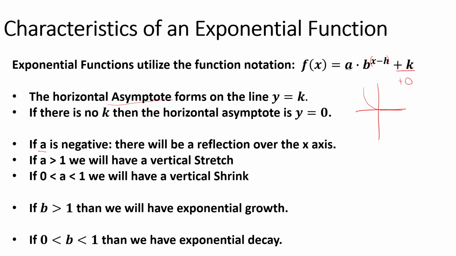Now, if the value of a, this number in front, is negative, it's going to create a reflection over the x-axis. So my exponential decay that we have graphed here will reflect over the x-axis. If that value is greater than 1, it's going to create a vertical stretch.